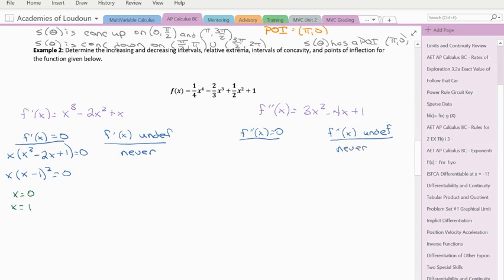And then when we factor this, we end up with 3x minus 1 times x minus 1 is equal to 0. So we know that we have critical values at x equals 1/3 and x equals 1. So I will leave this to you to go ahead and find the intervals of concavity as well as the points of inflection.